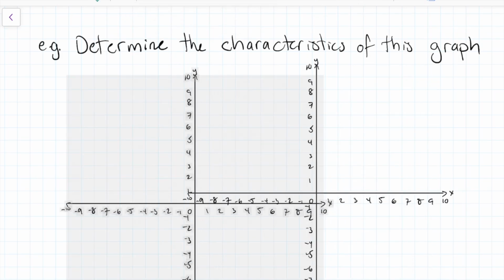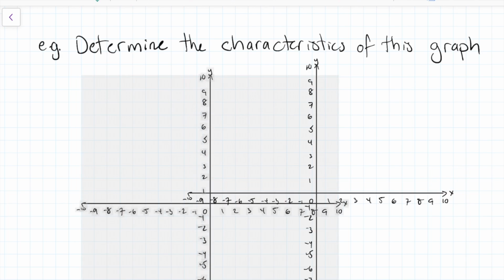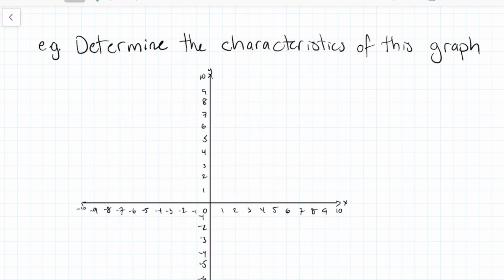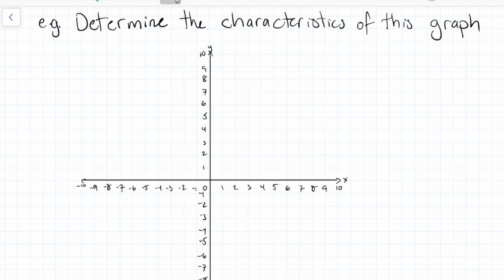So don't mind me as I get my grid out. All right, so 10 by 10 again, and here are the points that you're going to want to get down.